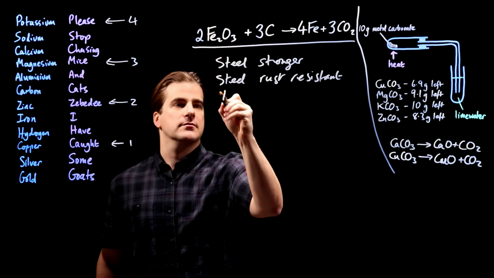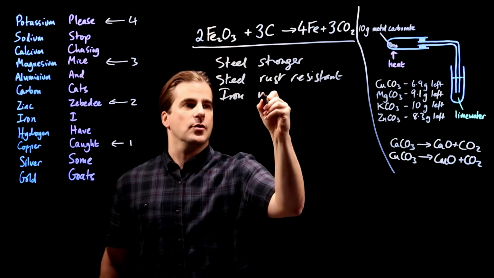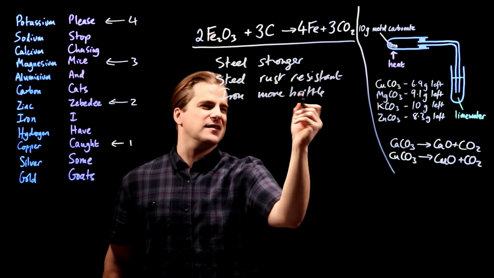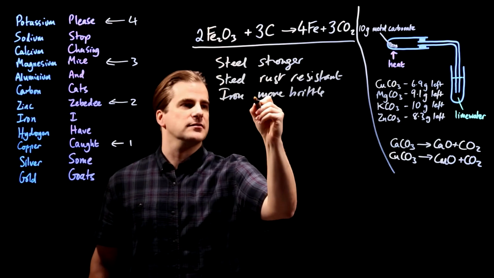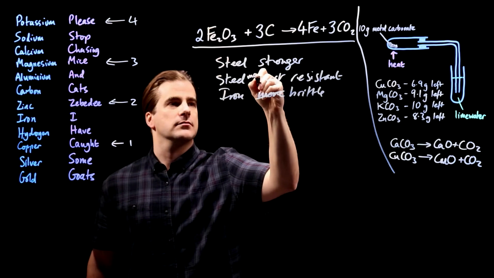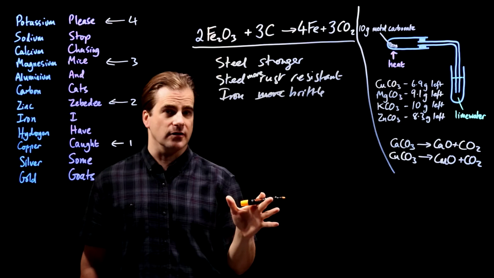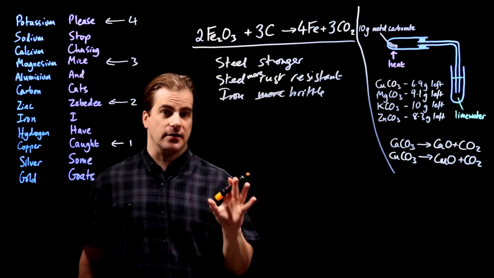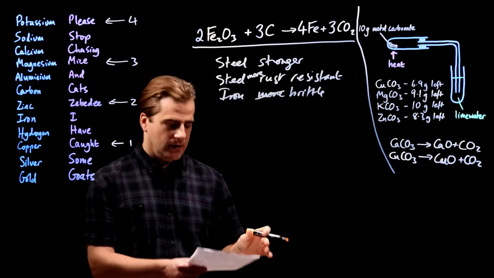Oh yeah, iron is brittle. Don't say more, just say iron is brittle and steel is more rust resistant. Steel still rusts, but slower than iron. Okay, so pick 2 of those 3 and that'll get you your 2 marks.